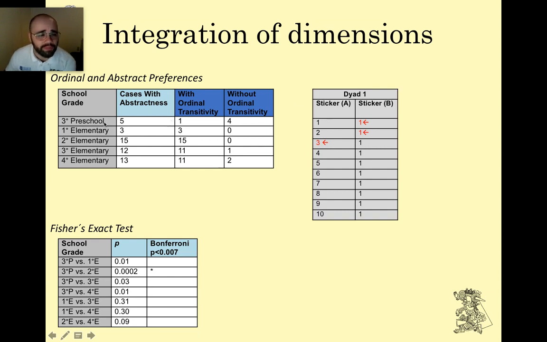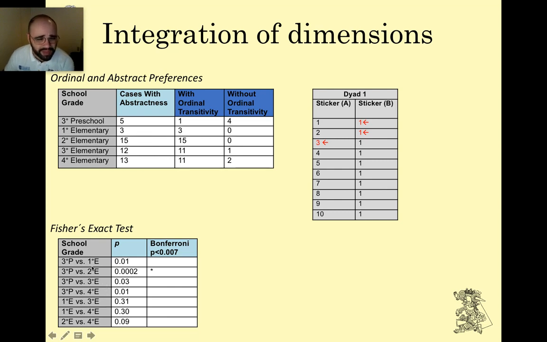So for preschool children who expressed abstract choices, only one reached this match between the ordinal transitivity of the initial revealed preference and their choice. And so we can see that there are differences between preschool and elementary children, except for first grade, in which we had a few subjects.